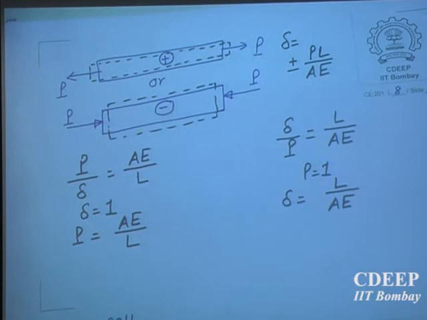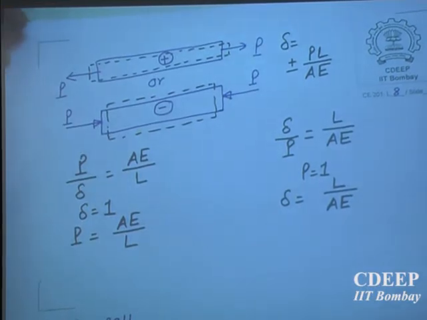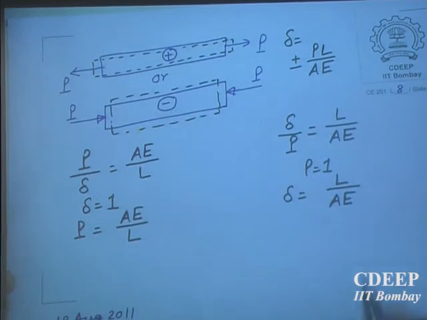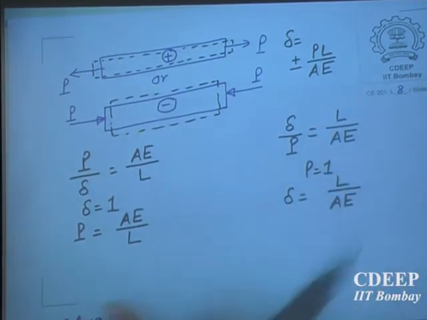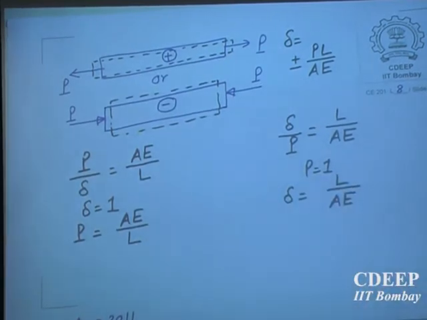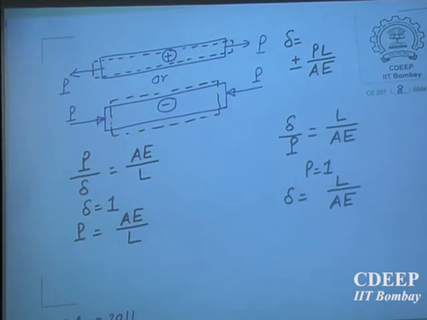This gives us the basic definition of what we call stiffness and flexibility. The rod undergoes a deflection under unit force. Apply a unit force, and the amount of displacement it undergoes is a measure of its flexibility, how flexible this rod is. More displacement, more flexible. Less displacement, less flexible.